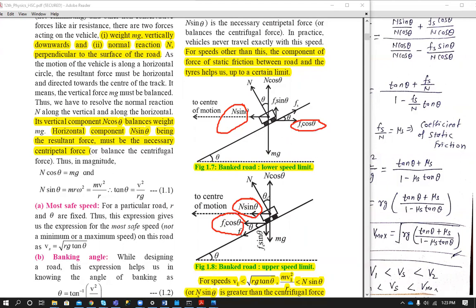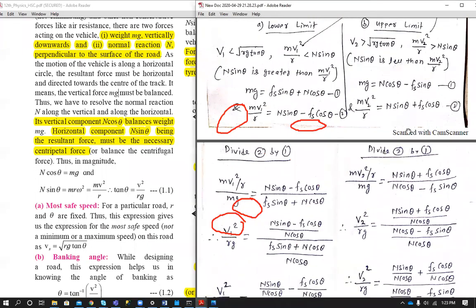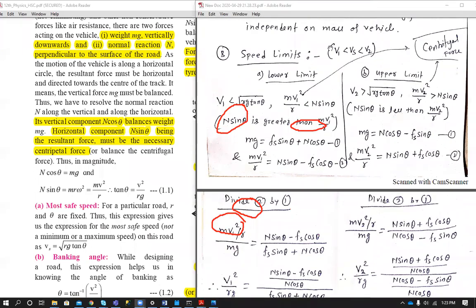So there is a change in sign. Let's see the derivation in my note. In this case, mg equals n cos theta minus fs sin theta, and the centripetal force is increasing. In the same way, we get all of these from the diagram. So you can see the difference in both cases.